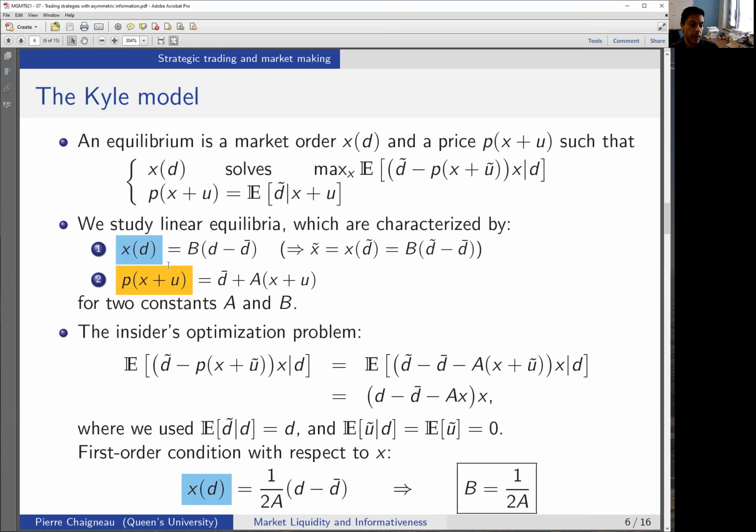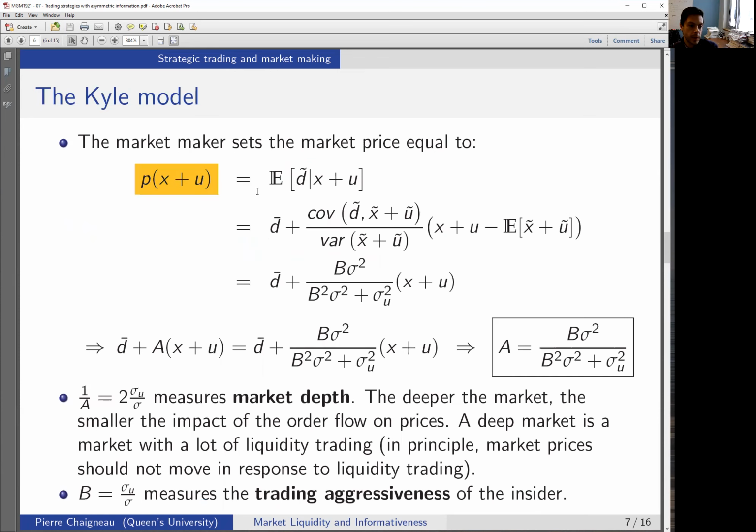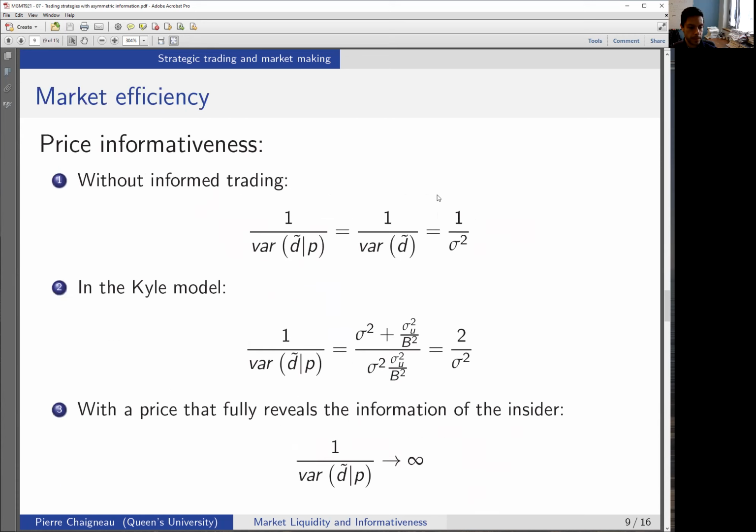Well, in this case, the realization of X will fully reveal D. And so the expectation of D tilde conditional on X will just be equal to whatever the realization D of D tilde is. Okay.